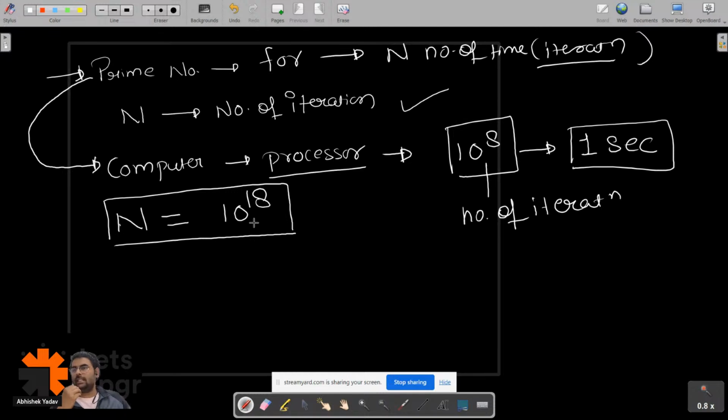Please write in the chat. If you understood these 2 points, then how much time will my computer take, guys? No one?